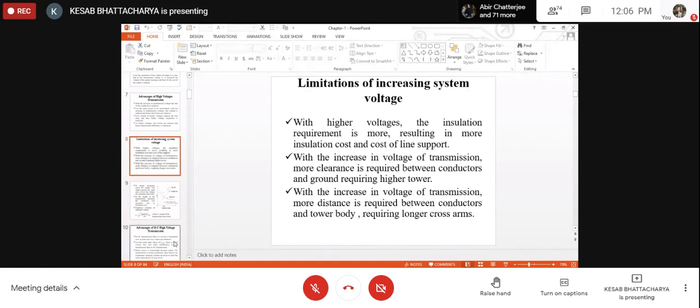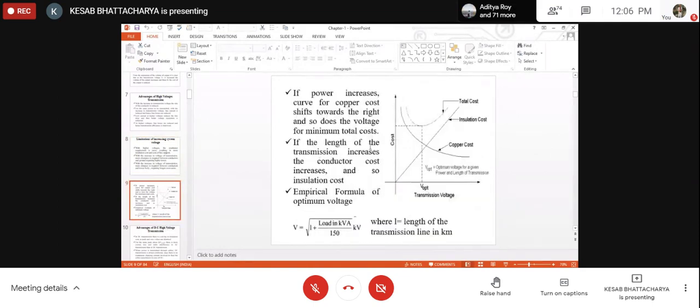Now, next there is a curve which shows the way we can find out the optimum voltage level. This is the insulation cost, which varies linearly with the transmission voltage, and this is the copper cost, which increases with the square of the transmission level voltage.